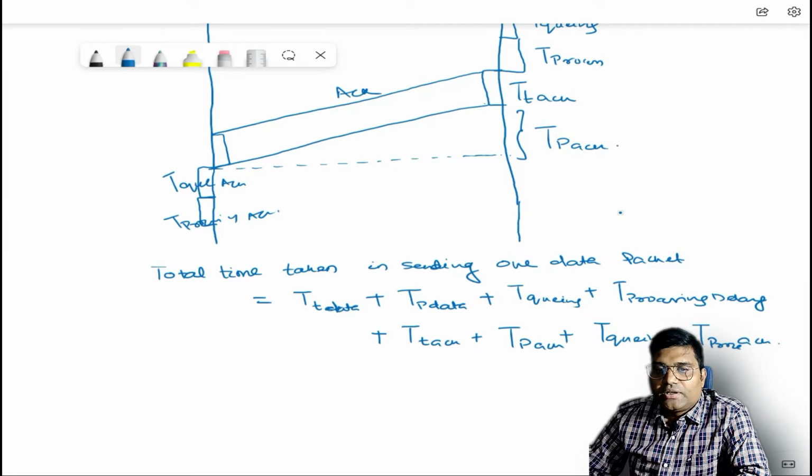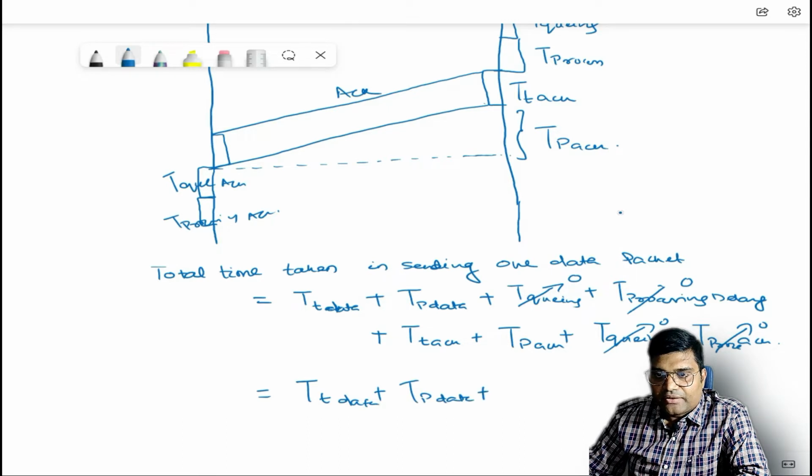As we understood from our previous videos, the queuing delay we normally consider as 0 and the processing delay we consider as 0. Considering these two delays as 0, the total time is the transmission delay for data plus the propagation delay of data plus the transmission delay of acknowledgement plus the propagation delay of acknowledgement.